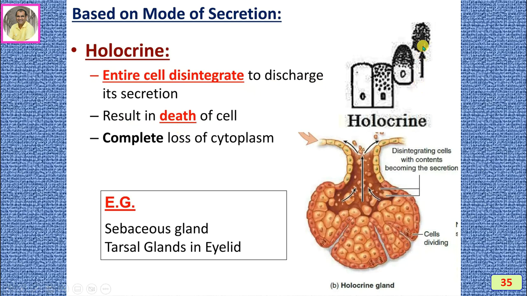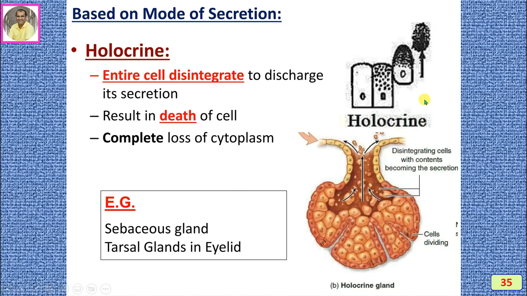And here you can see that complete loss of the cytoplasm, and the structure is there is a disintegration cells with content becoming the secretions like this, and cells dividing cells like the holocrine glands. The example of the holocrine gland is the sebaceous glands and tarsal glands of the eyelids, which secrete the lacrimation.